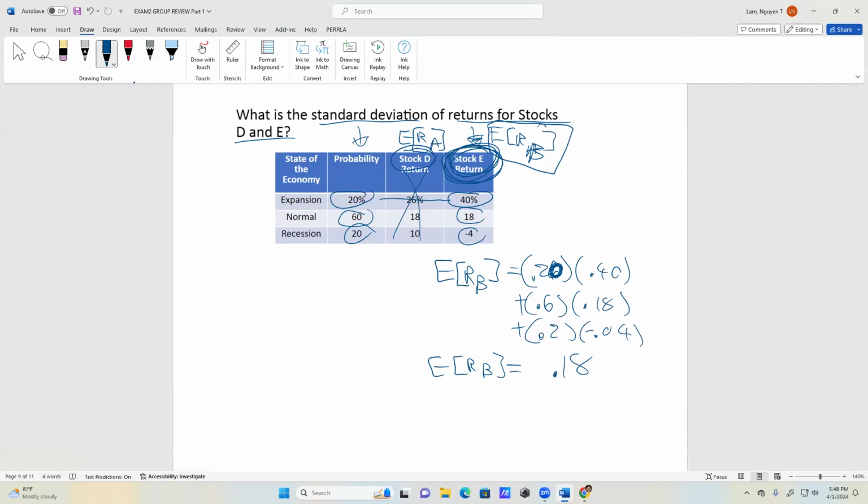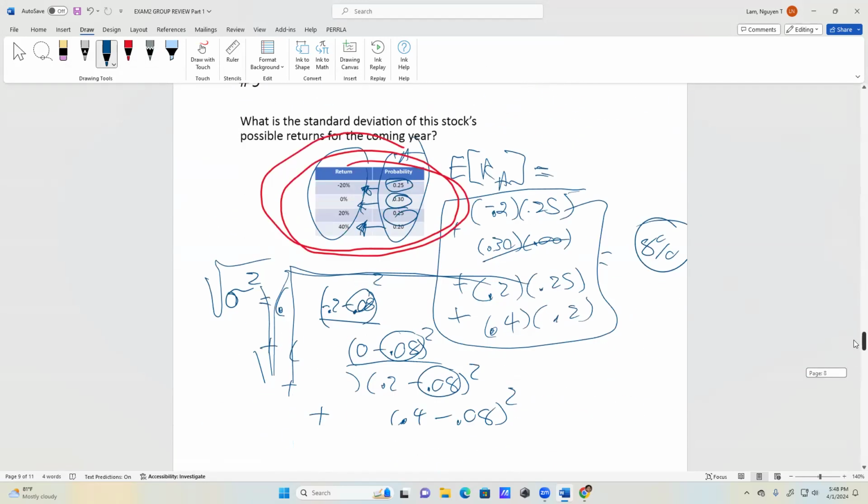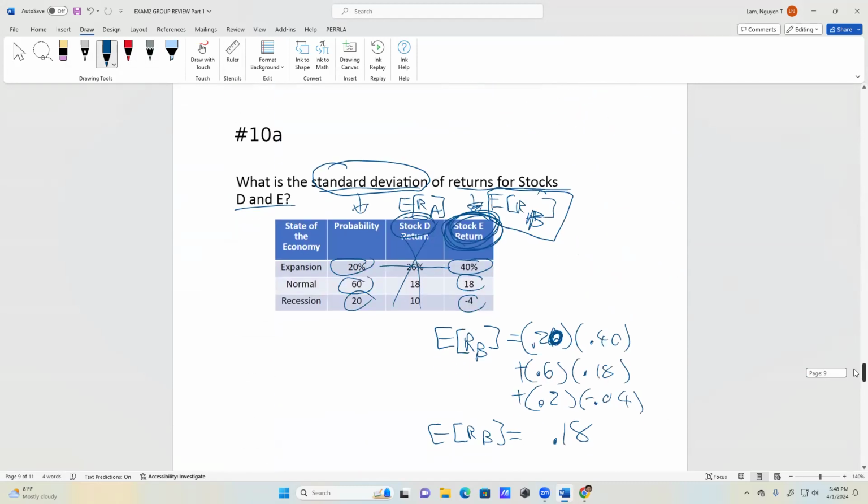And then we have to find the standard deviation because it asks for the standard deviation of each, right? So what equation do we use? It is the one that I told you just a minute ago.